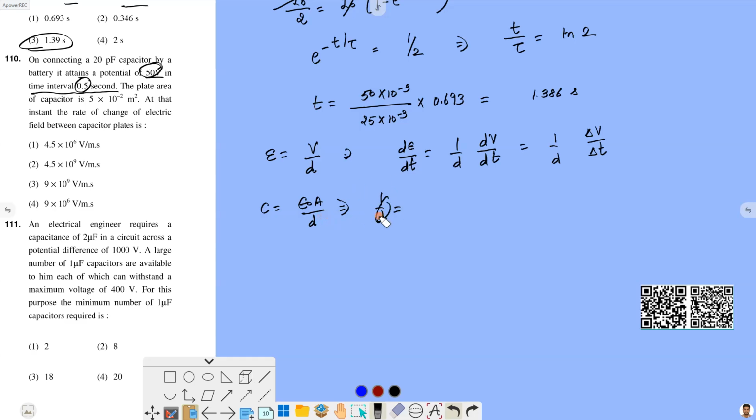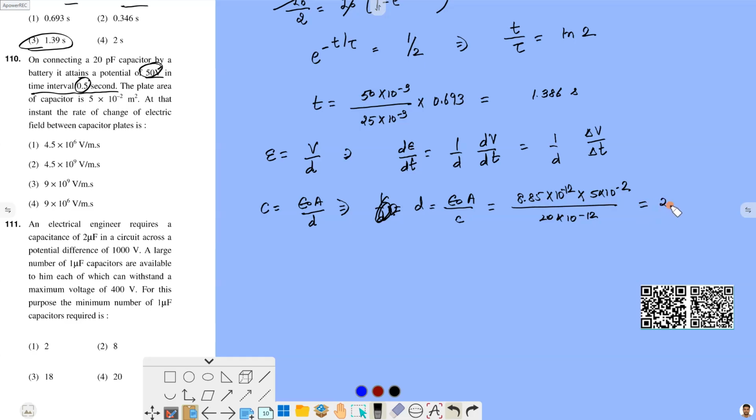Let's calculate d basically. d is epsilon naught A by C. Now epsilon naught is 8.85 into 10 raised to power minus 12, into area that is given to be 5 into 10 raised to power minus 2, divided by C, that is 20 pico, so 20 into 10 raised to power minus 12.